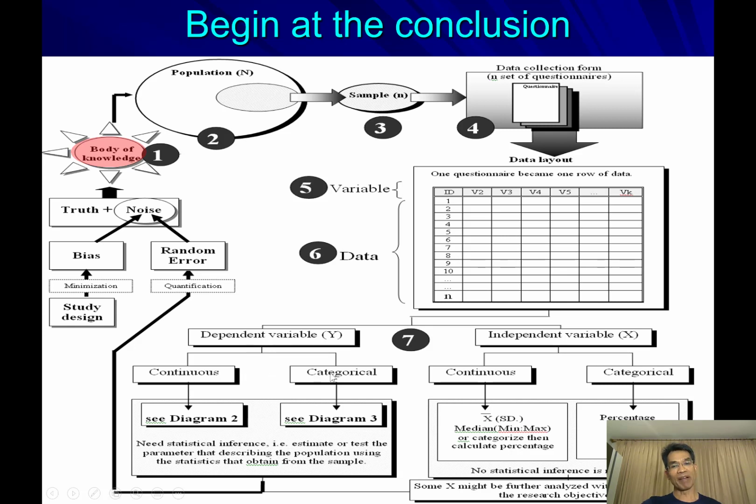There are many types of variables, but I put here just the common ones. We will cover it in a future slide.